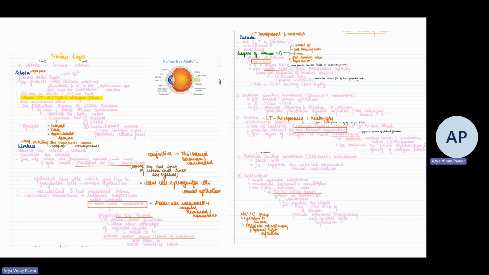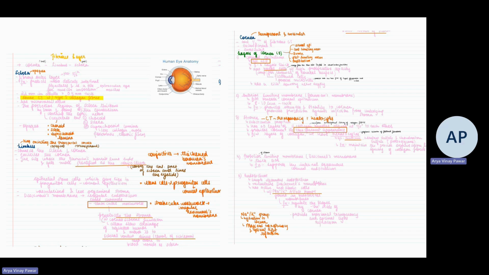It is basically nothing but dense connective tissue because it is protective in nature. It is an outer layer, so most of the time the outer layer is going to be protective in nature. That's going to be a very common function. It is vascularized, and it is dense connective tissue, and it is white in color simply because it has type 1 collagen fibers.